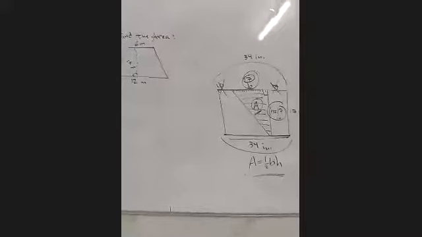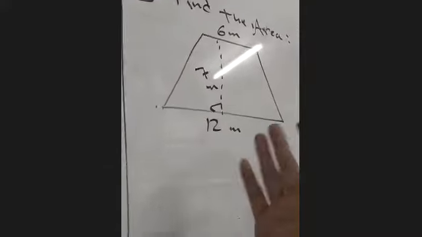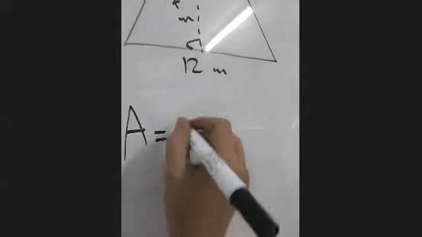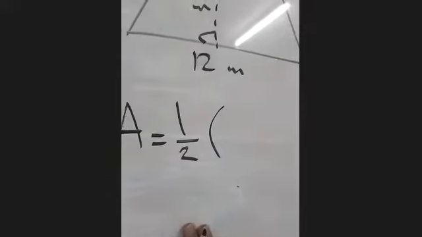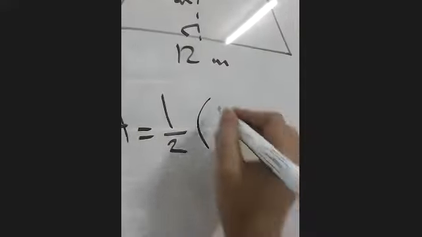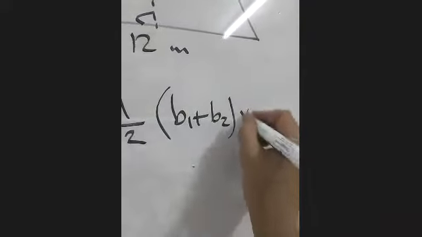Now, to find the area, the formula, A equal half multiply parentheses, inside it, B1 plus B2, outside it, height.